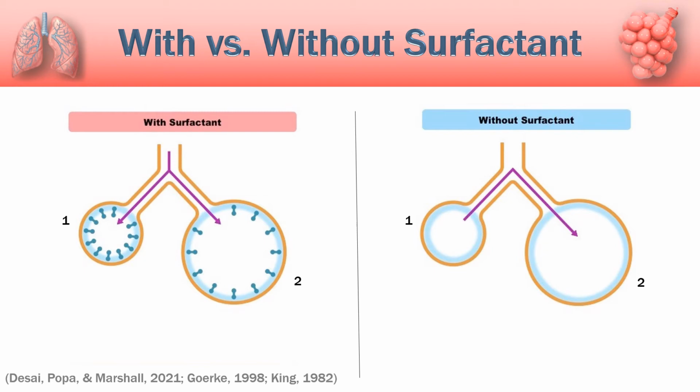So let's compare what it would be like with the presence of pulmonary surfactant versus without the presence of pulmonary surfactant. So if we look on the left-hand side, the pink, you can see that we have, let me get my laser pointer, we'll call this alveoli 1 and alveoli 2, and then same over here.